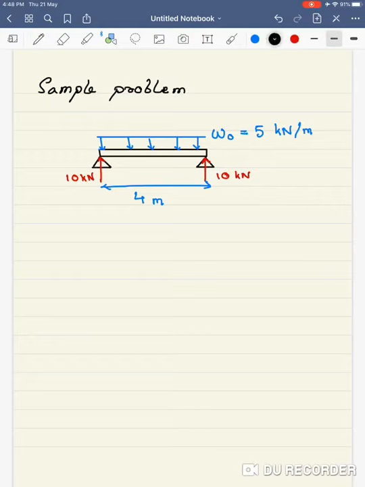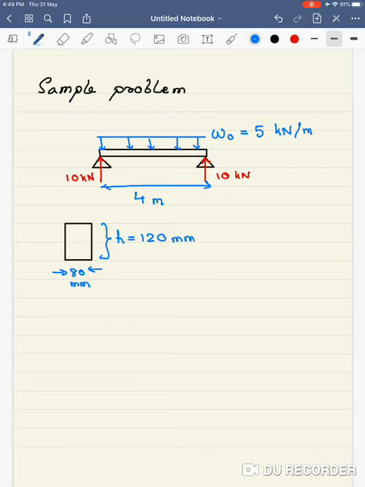So let's say the cross section is rectangular, and this height is 120 millimeters, and this distance is 80 mm. Okay. So what is the maximum bending stress that this body is experiencing?